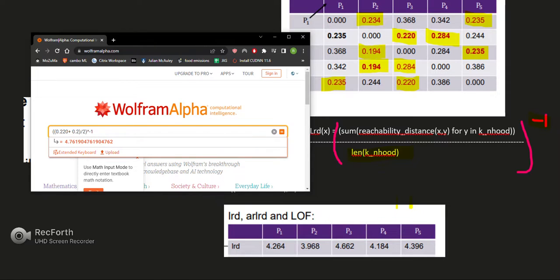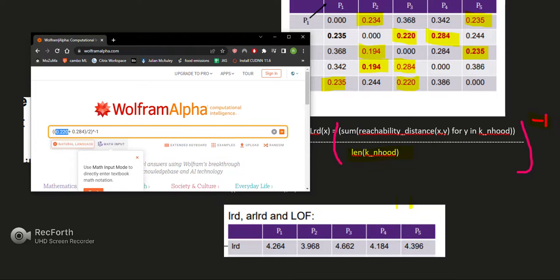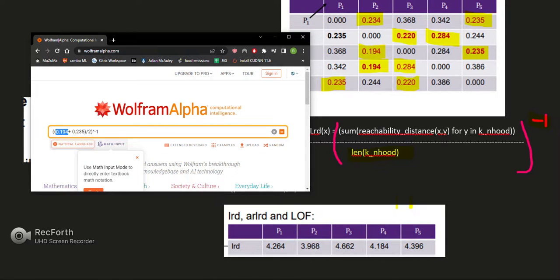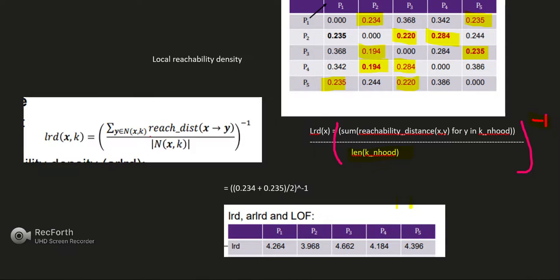So you can go 0.220 plus 0.284396. Okay, 0.194 and 0.235, that's this guy, etc. So these are our values here. That's your local reachability density.